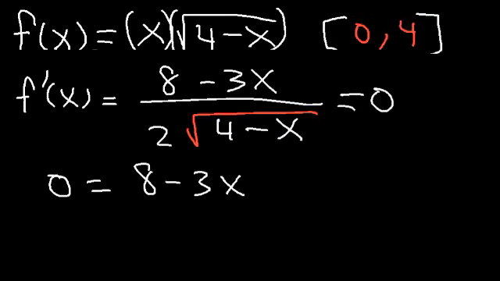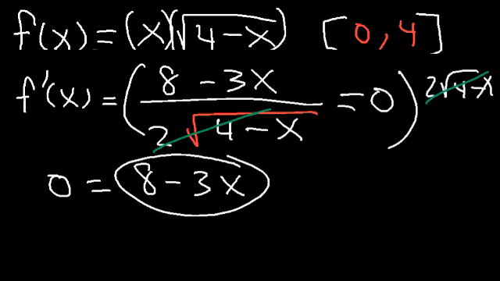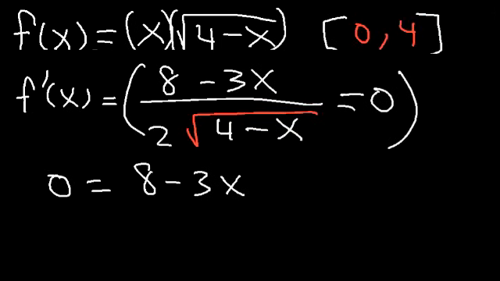If you multiply both sides of the equation by 2 radical 4 minus x, on the left side, these will cancel. And so you'll get 8 minus 3x. On the right side, 0 times anything is 0. So it's going to be 8 minus 3x equal to 0. So therefore, you could just simply set the numerator equal to 0.